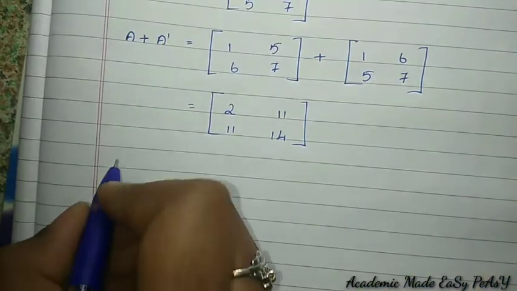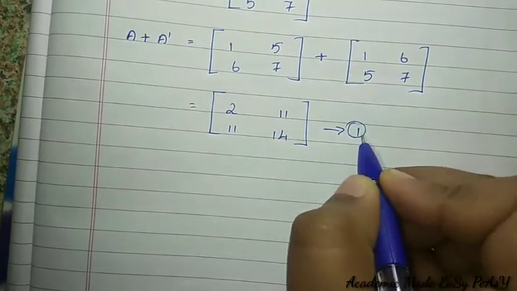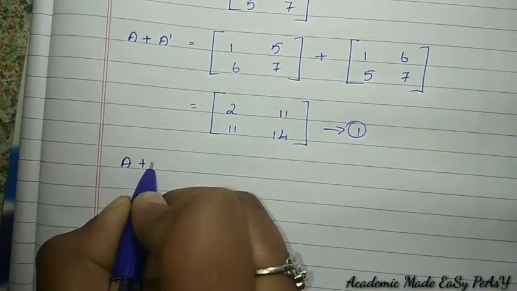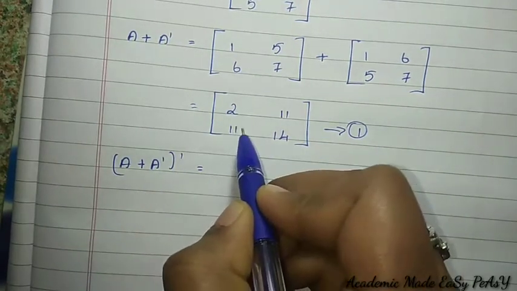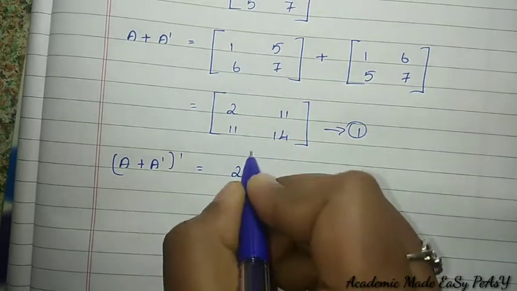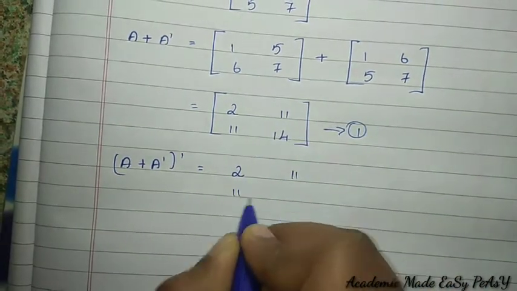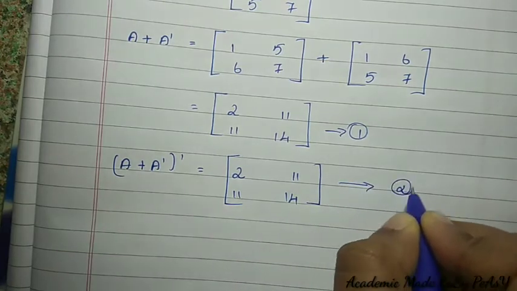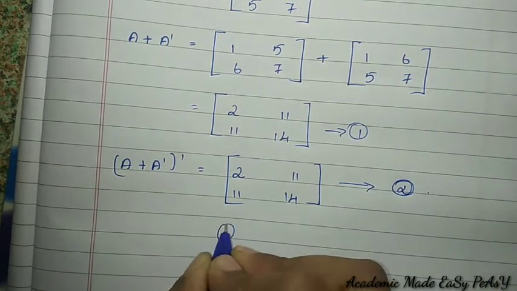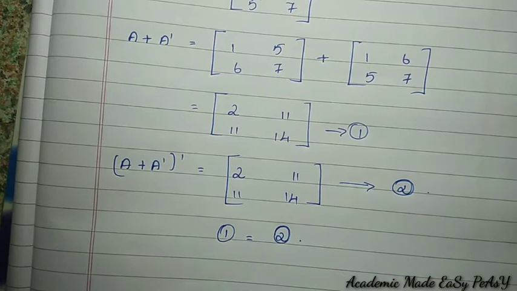Okay, so let this be equation 1. I will be finding the transpose of A plus A transpose, the whole transpose. So I will be taking the transpose of this: 2, 11, 11, 14. So this will be equation 2. So my equation 1 is equal to equation 2.